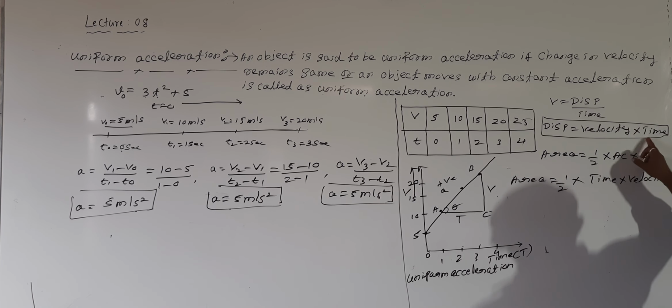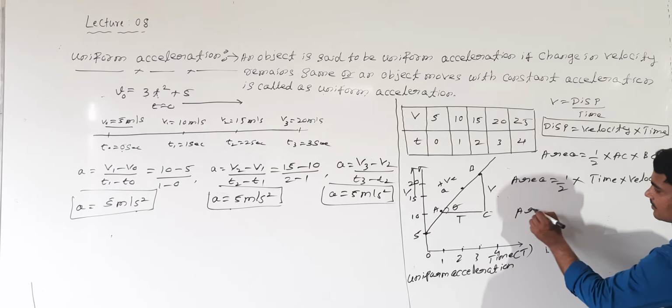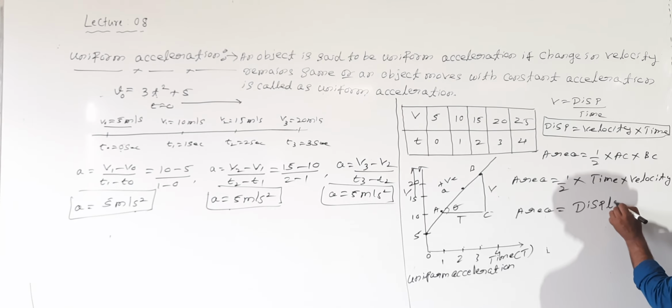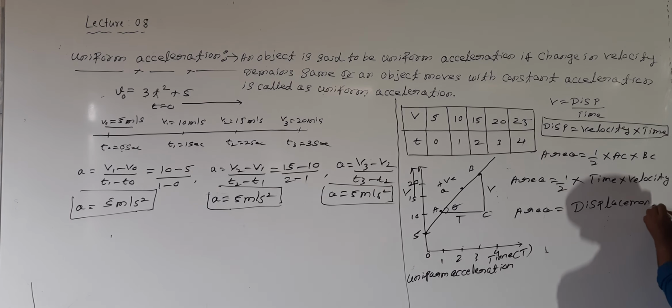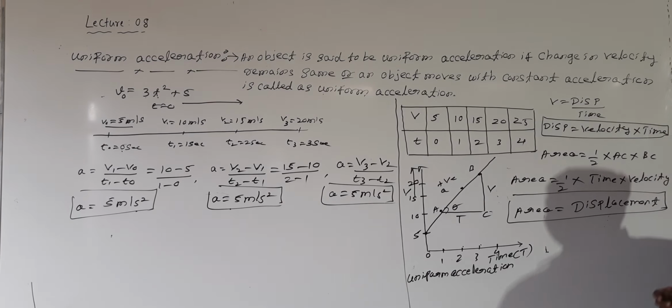Time into velocity we are calling displacement, so area equals displacement traveled by the body. You following?